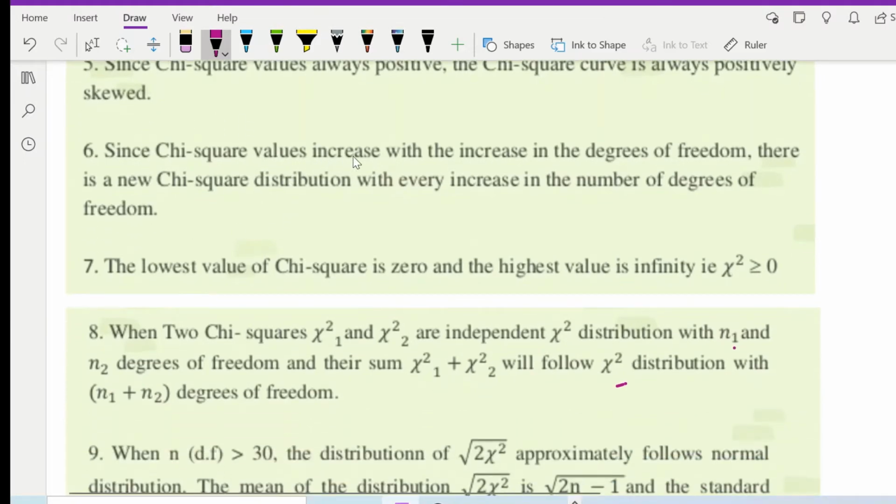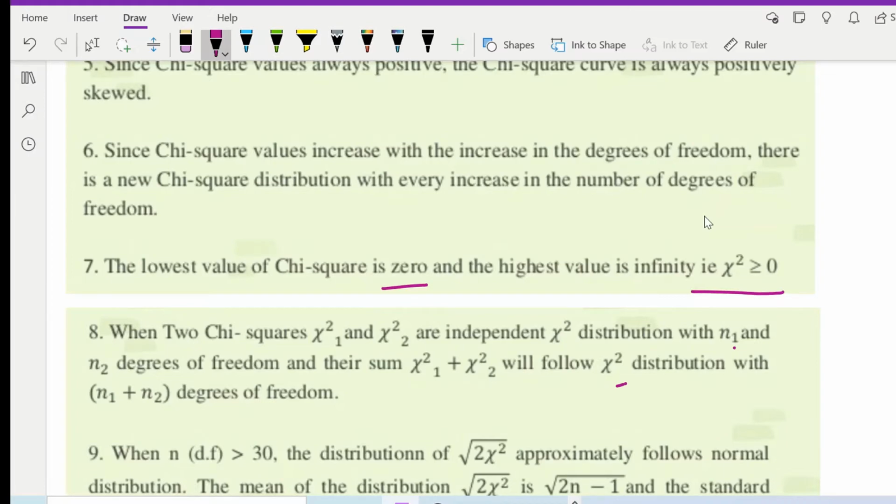Since chi-square values increase with the increase in degrees of freedom, there is a new chi-square distribution with every increase in the number of degrees of freedom. The lowest value of chi-square is 0 and the highest value is infinity, that is chi-square is greater than or equal to 0.